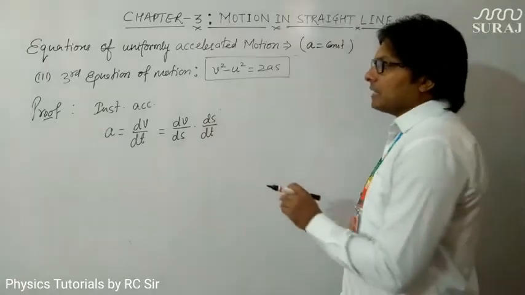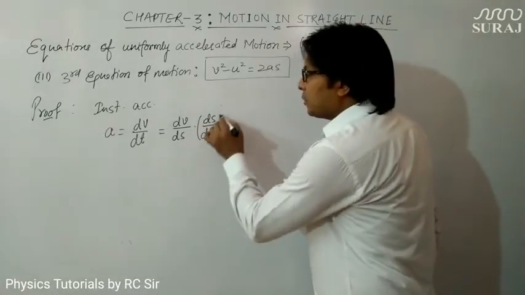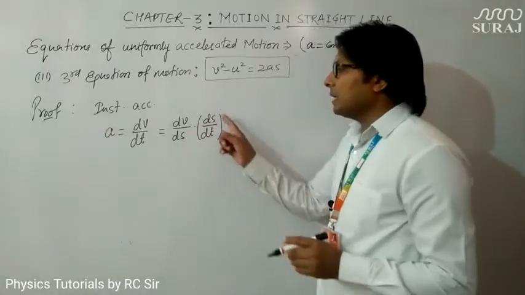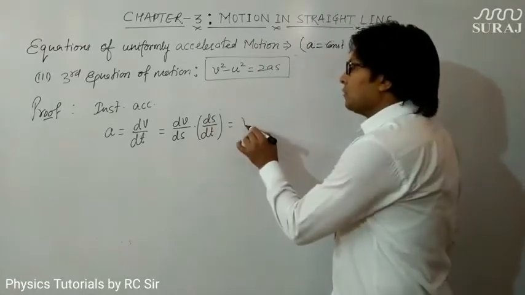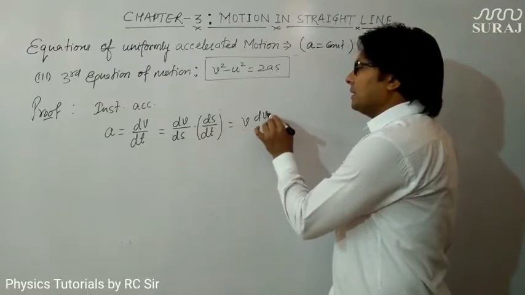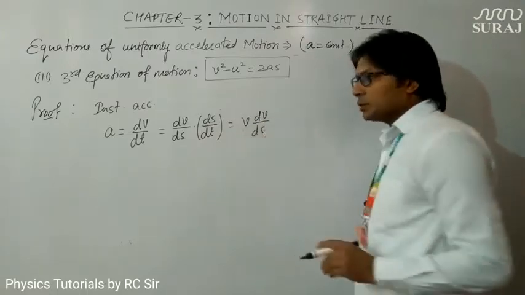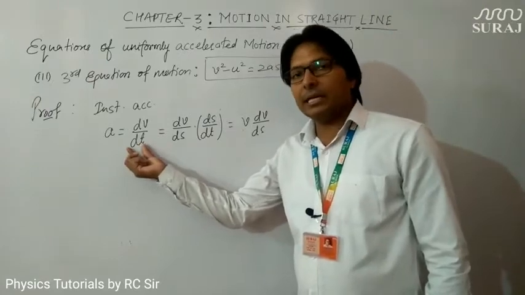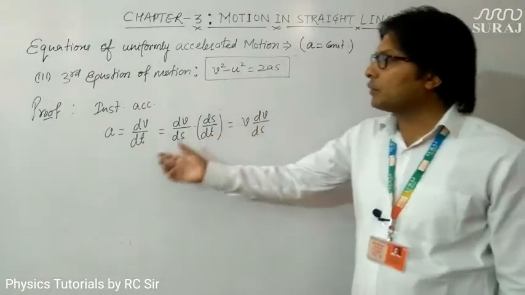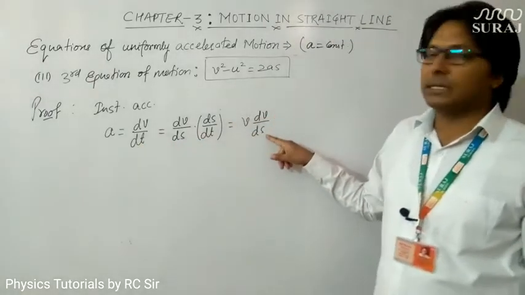But here this ds upon dt will become rate of change of displacement, meaning velocity. So this is velocity and dv upon ds. So this is how we can insert the ds here.